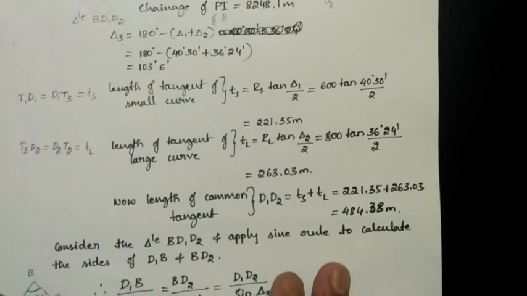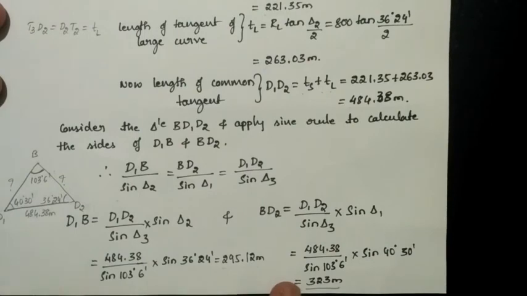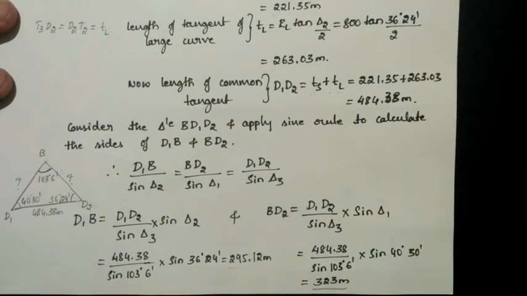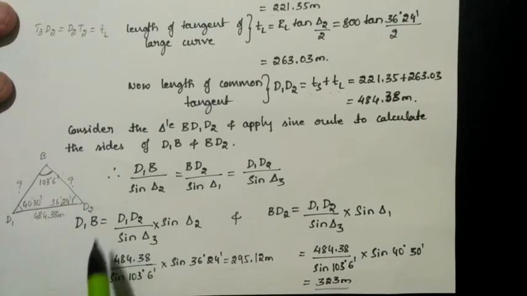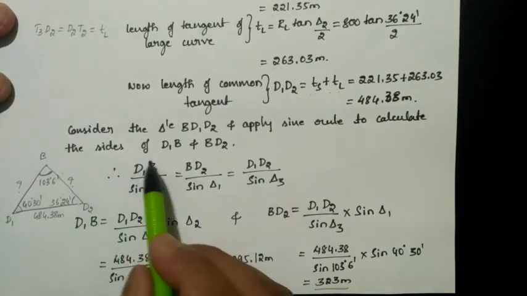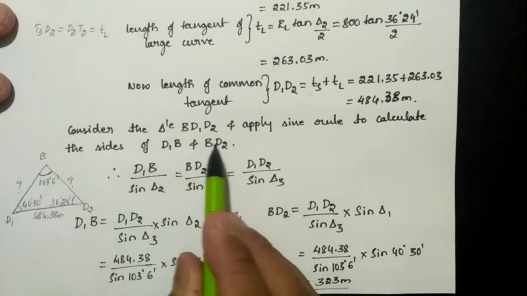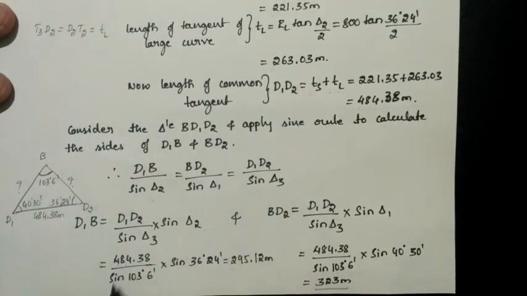For that, we have considered the triangle BD1D2, and we have applied the sine rule to calculate the sides of D1B and BD2. So by applying sine rule, it comes like this, and the D1B value is 295.12 and BD2 value is 323 meters.